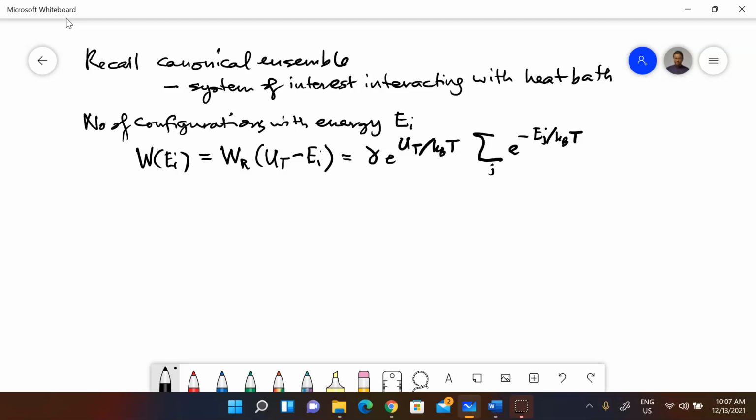Essentially what that gives us, I think there's something wrong there. Let me just check. Yeah, I'm missing something.